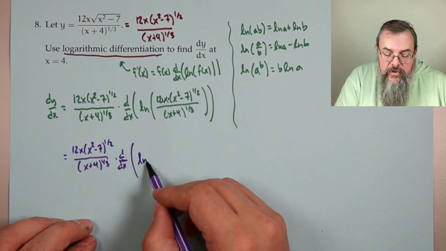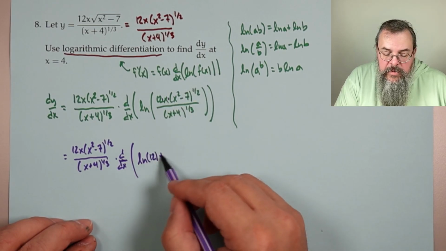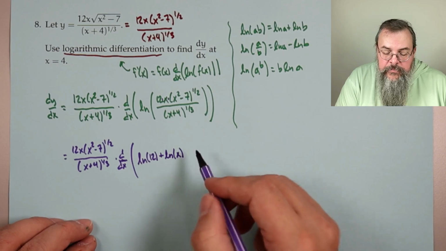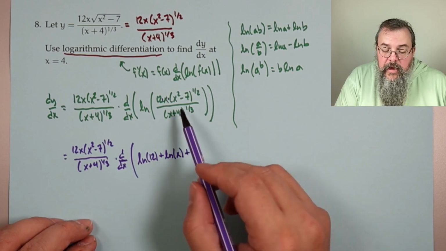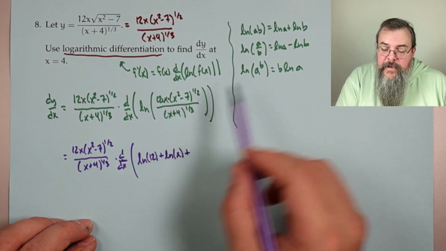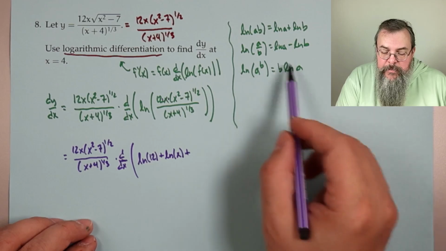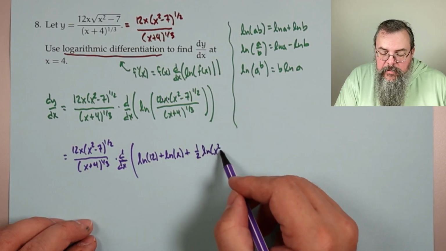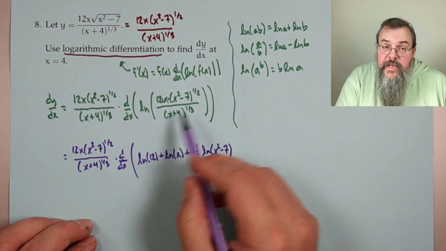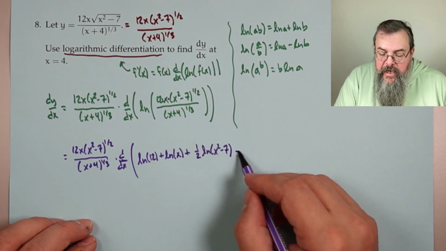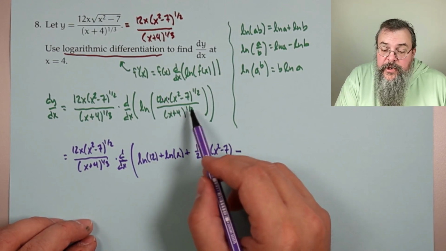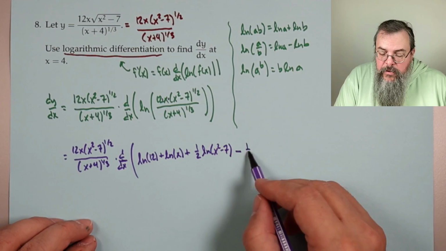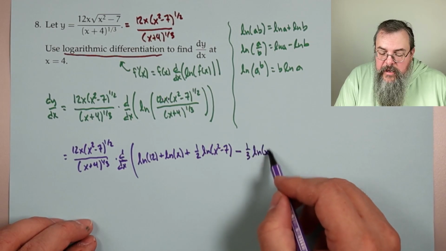So log 12 plus log x plus log of x squared minus 7 to the 1/2. I'm going to automatically put that rule in, so 1/2 log x squared minus 7. Downstairs, subtract. So minus, and notice the 1/3 exponent is going to come down: 1/3 log x plus 4.